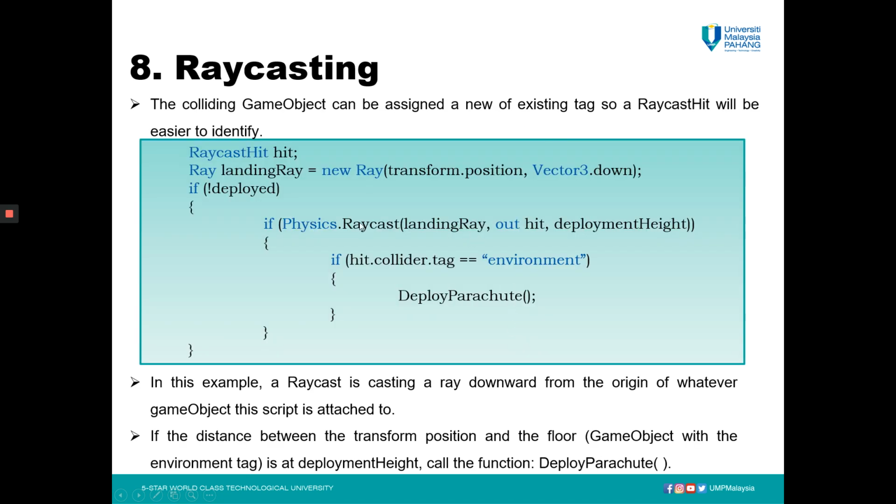Right, for example, like this one. Let's say this is my code for the raycast. What happens here is a ray is cast downward, Vector3.down, from the origin of whatever game object this script is attached to. If the distance between the transform position and the floor, which is the game object tagged with environment, is at the deployment height, then call the deploy parachute.